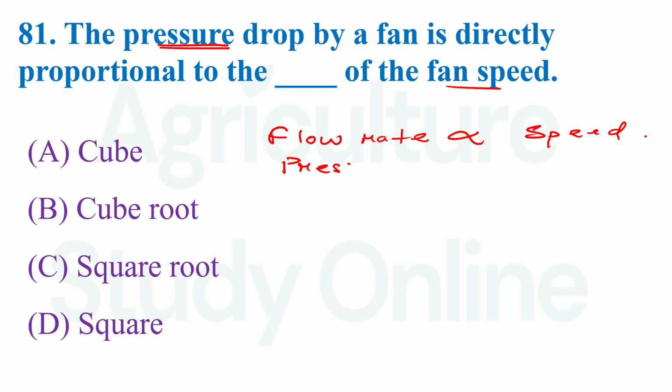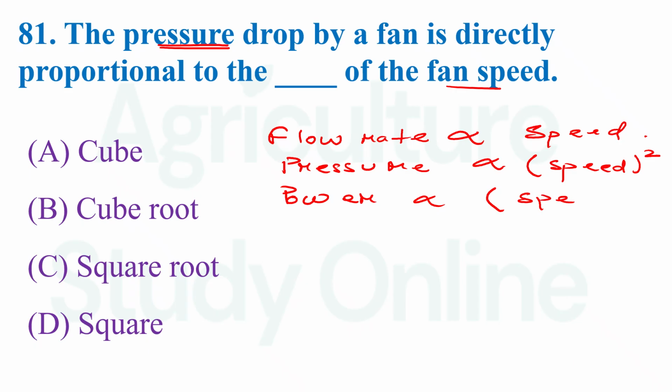Pressure is proportional to the speed square, and power is proportional to speed's cube. So over here, the correct option will be option number D, that is square. Pressure drop is equal to fan's speed square.